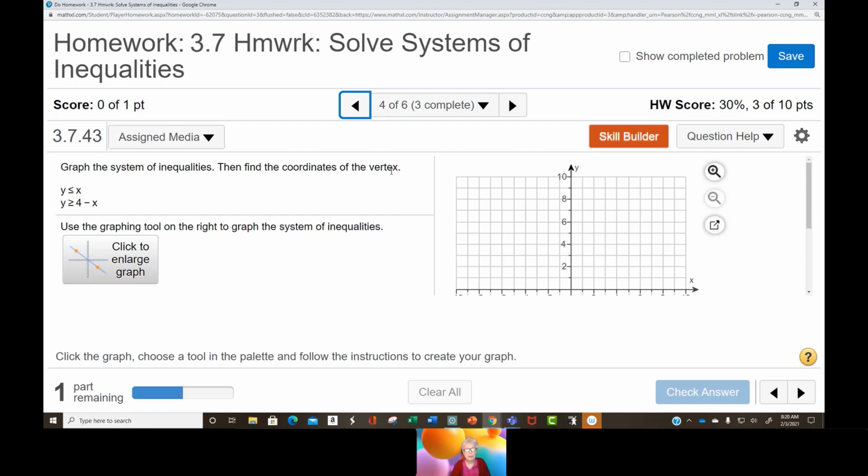So for now, we're just going to have a very limited definition: when you're dealing with systems of linear inequalities, the vertex is where the lines cross. So we're going to find the point of intersection. That's the extra step.